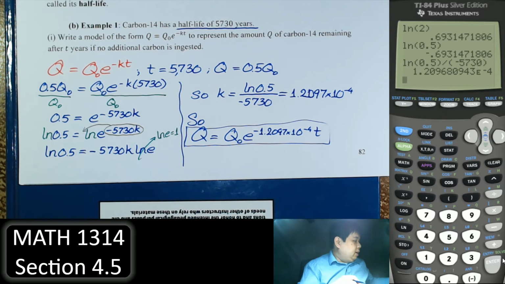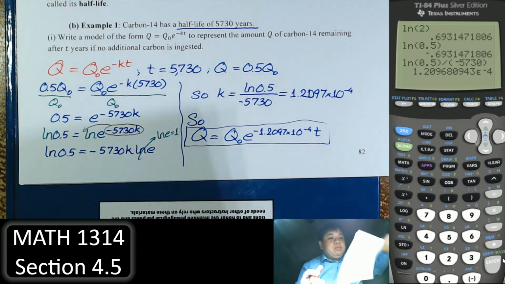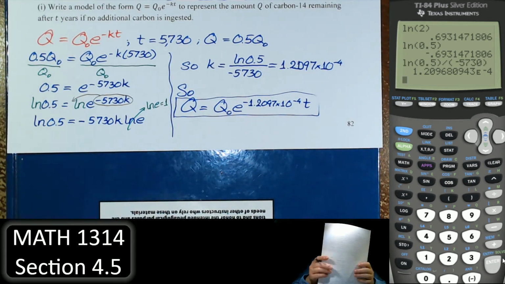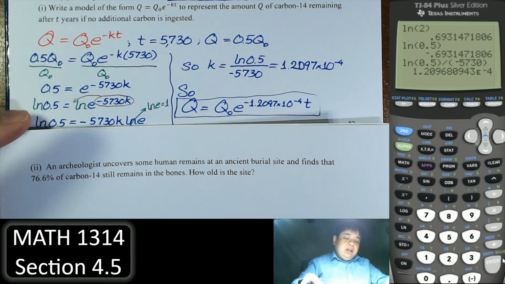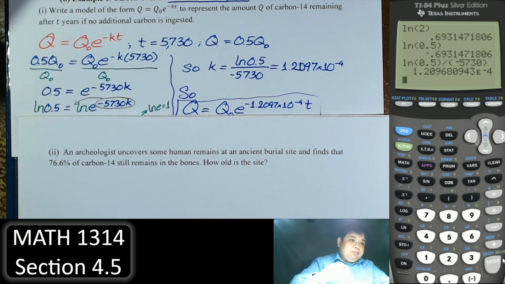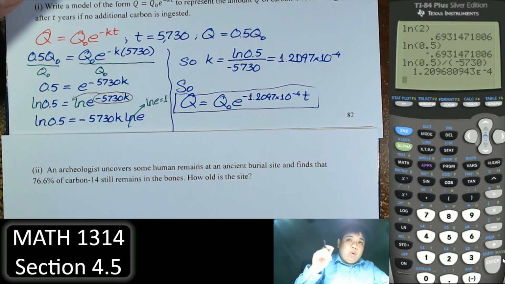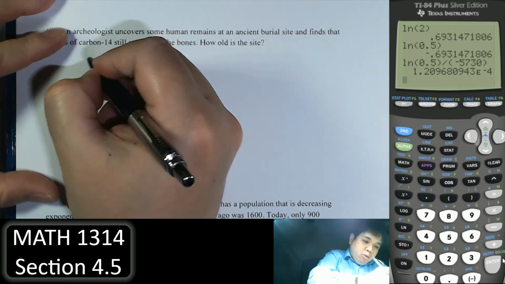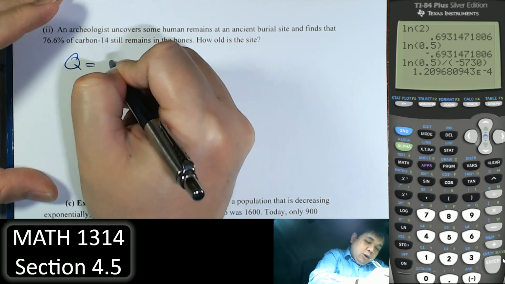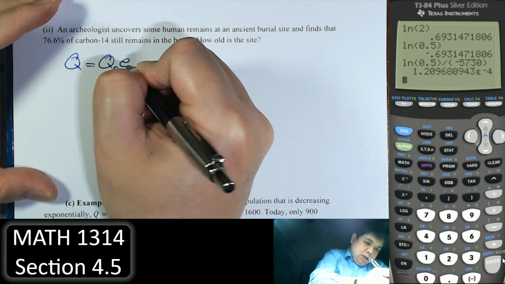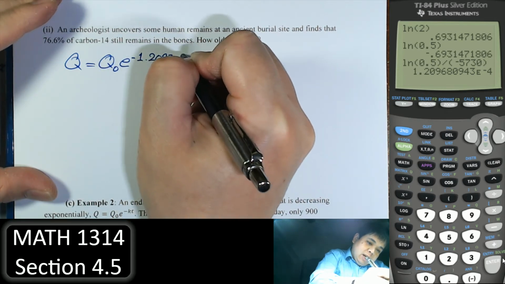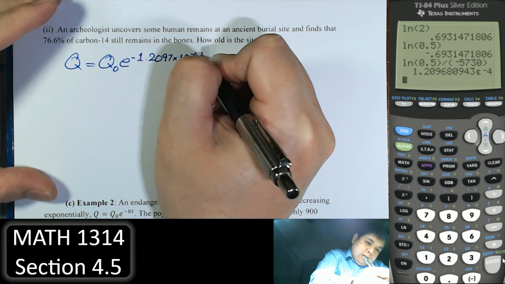The next part of this problem is that we use the half-life of carbon-14 to date old material. So, like I said, I highly recommend you watch the video in the description about carbon dating. But from the previous problem, we have Q equal to Q naught e to the negative 1.2097 times 10 to the negative 4t.